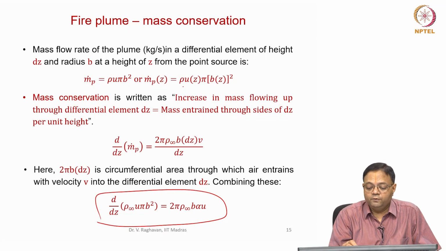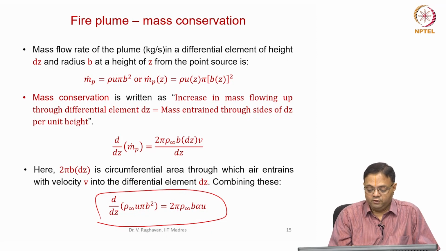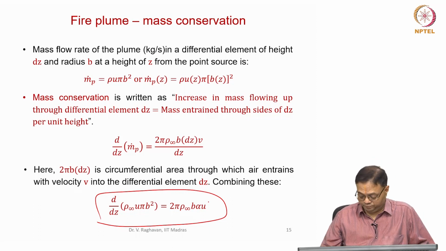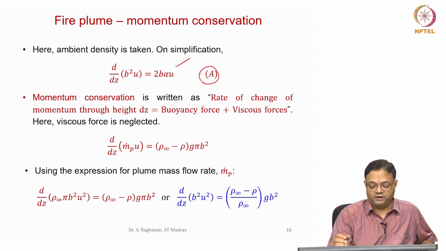Similarly here, in the expanded form, rho u z pi b square at a particular z. So this is the conservation of mass, which after simplification is written as equation A.